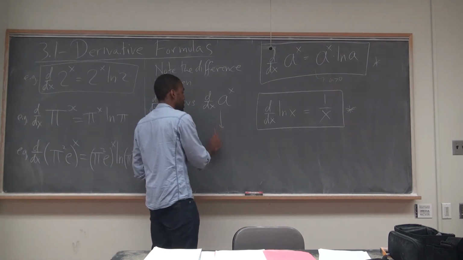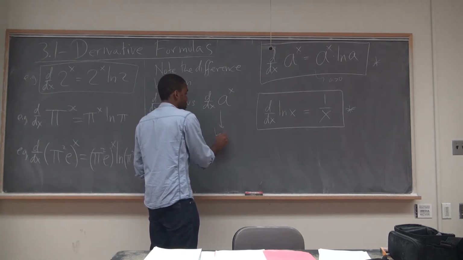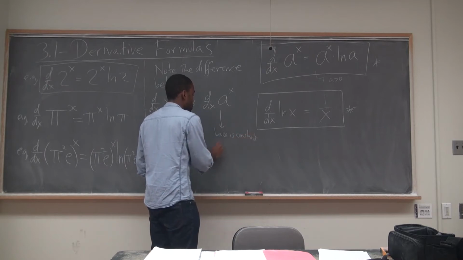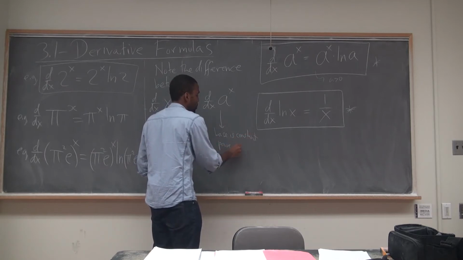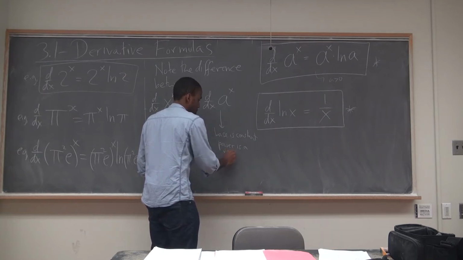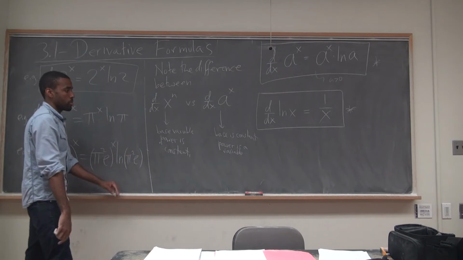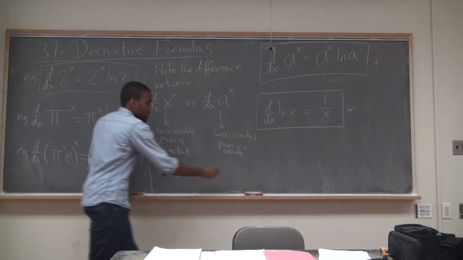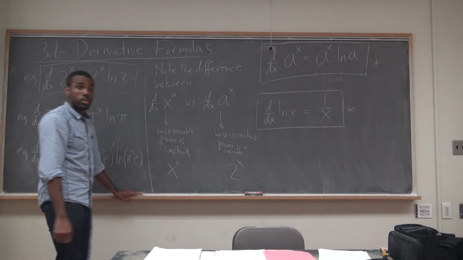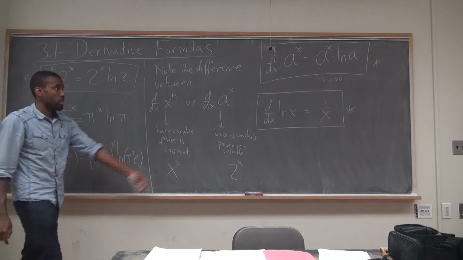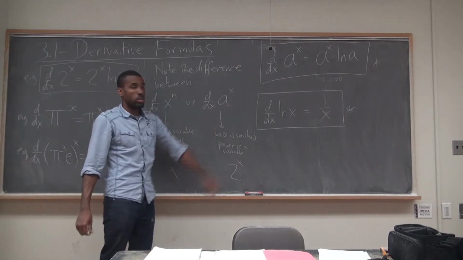Well, here it's the opposite. The base is constant. The power is variable. They behave very differently, so never mix those up. If you see an x squared versus a 2 to the x, these are very different things, and different rules apply to them. The power rule applies here. The exponential rule applies here.